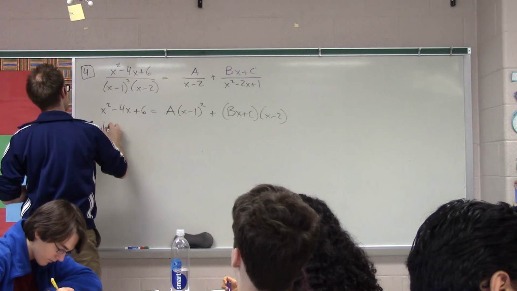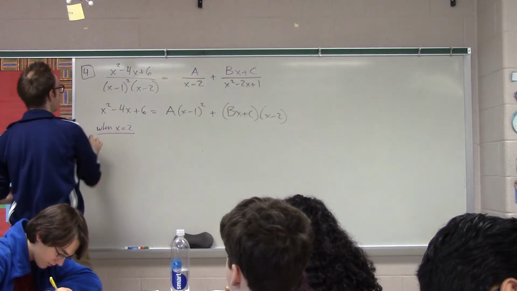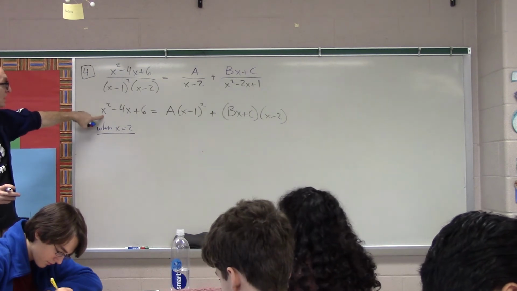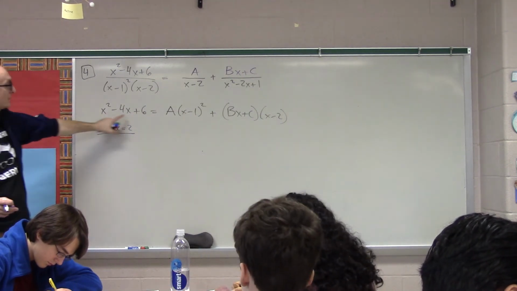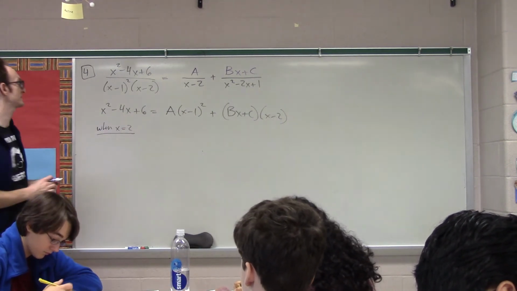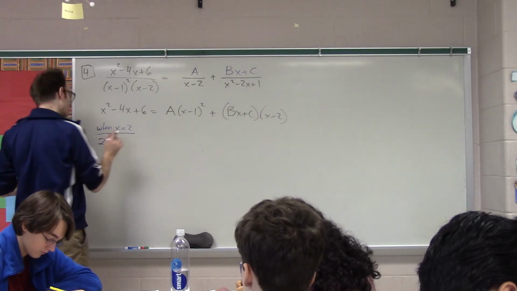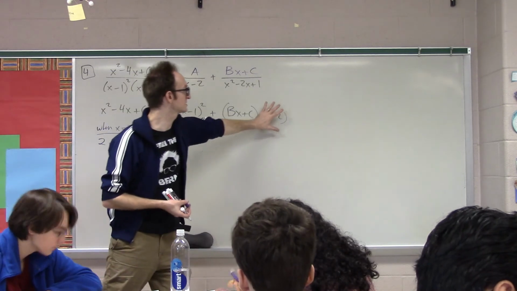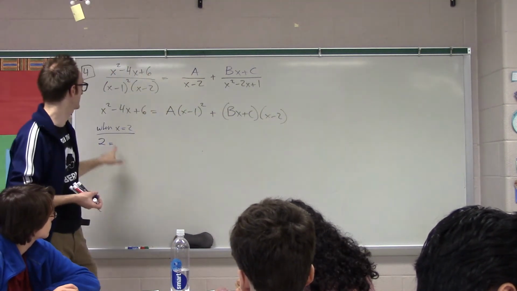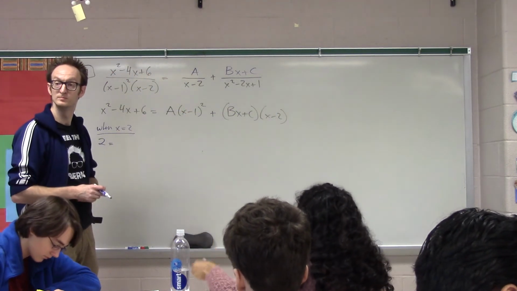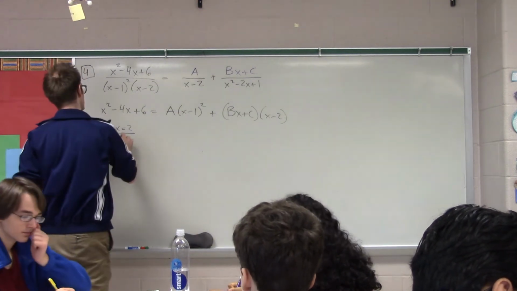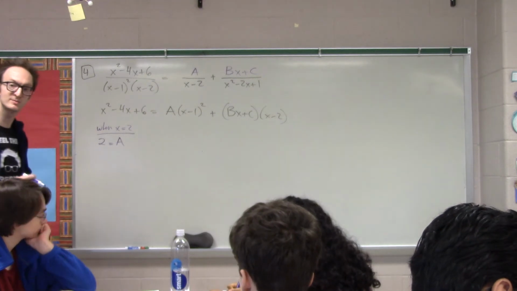So when x is 2, on the left-hand side I get 4 and 6 is 10 minus 8, I get 2. And on the right-hand side, when you plug 2 in here, this 0 dies, and you end up with just a. Everyone good? Am I going too fast, or are we okay? That seems all right. Okay, good.